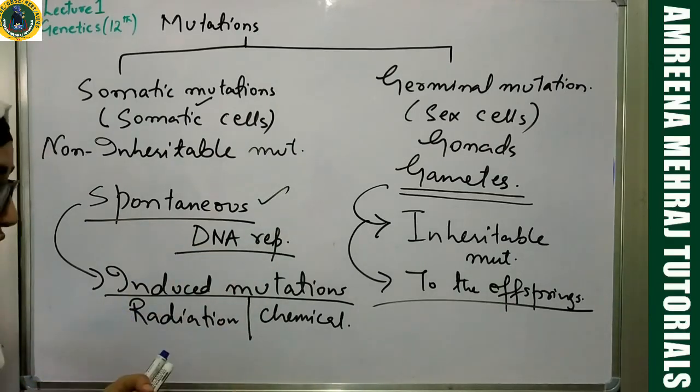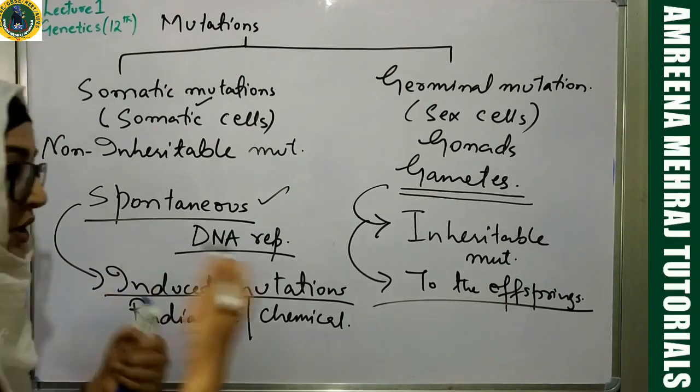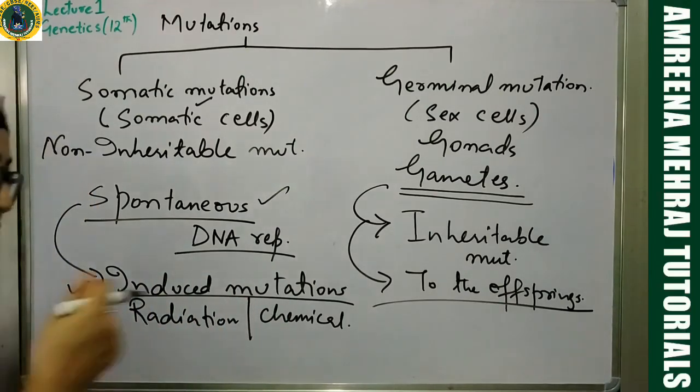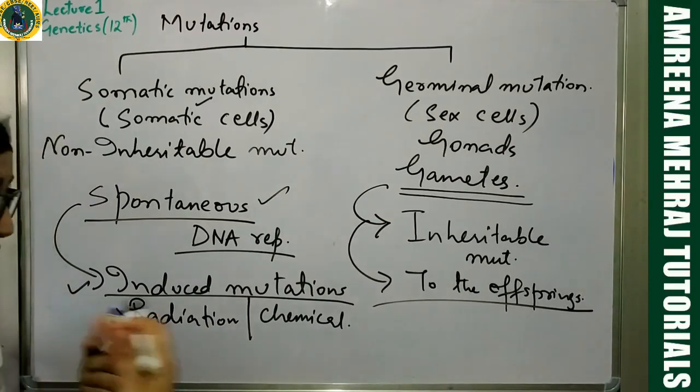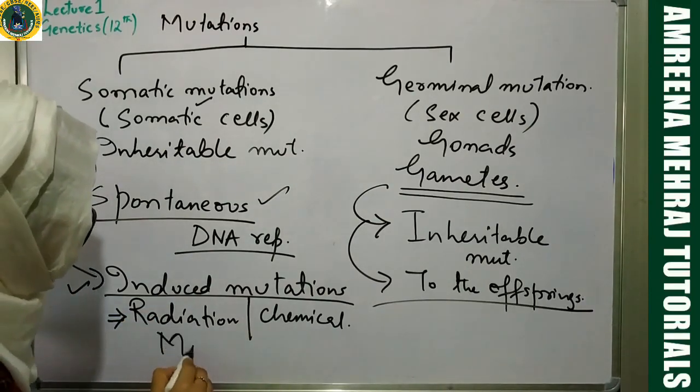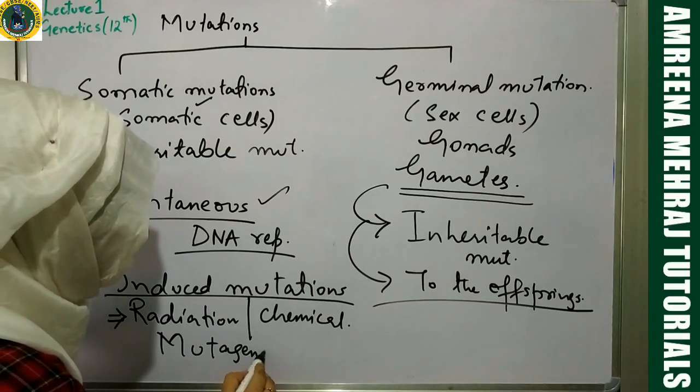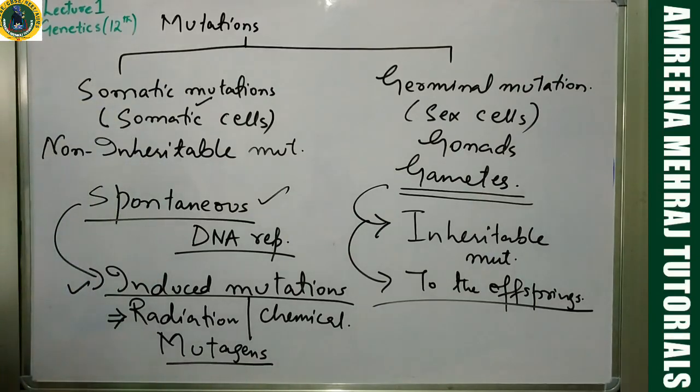If you yourself try and induce mutation in a cell, that type of mutation is called induced mutation, okay? And these agents which are responsible for inducing mutations are called mutagens. Later on, once we complete this topic, I will be giving you one lecture for this also.